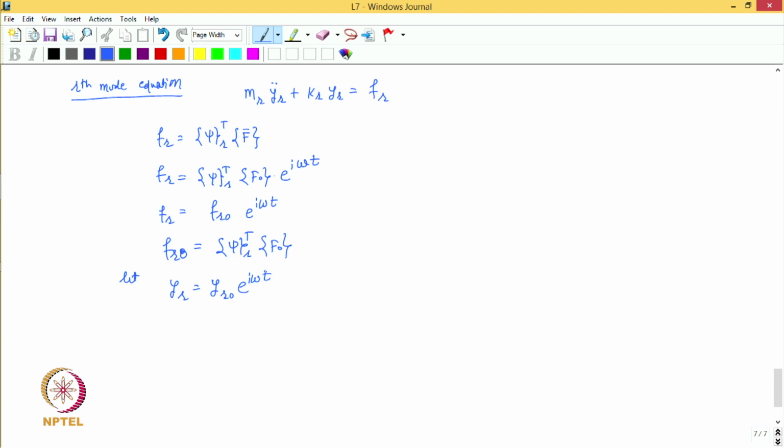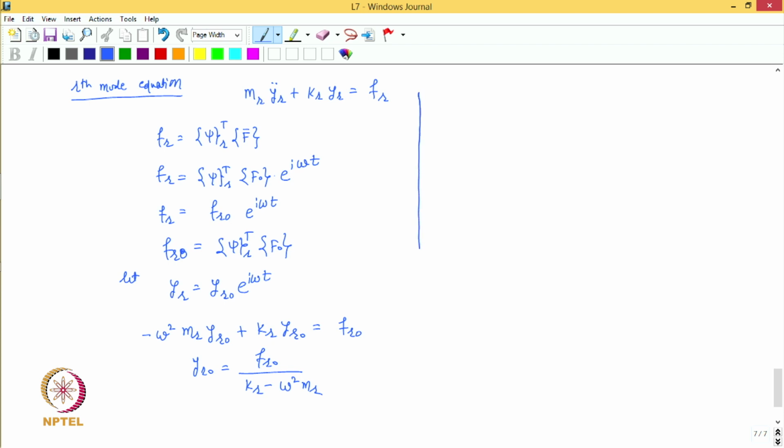If we substitute these two into the differential equation, what we get is minus omega square mr yr0 plus kr yr0 is equal to Fr0, and we get yr0 as Fr0 upon kr minus omega square mr. That basically gives us the amplitude of the modal response of the rth mode.